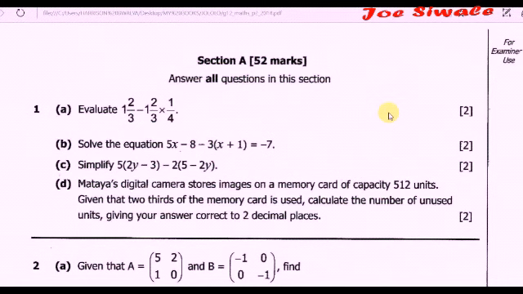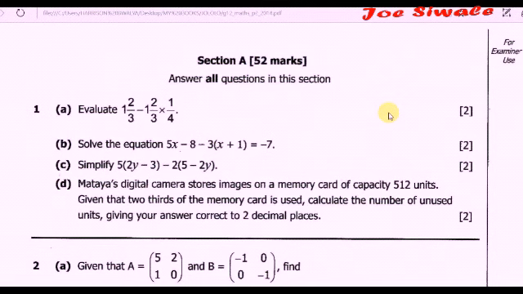So question 1a says evaluate 1 2 over 3 minus 1 2 over 3 multiplied by 1 over 4. Question B says solve this equation 5x minus 8 minus 3 open bracket x plus 1 close bracket is equal to negative 7. Question C says simplify 5 open bracket 2y minus 3 close bracket minus 2 open bracket 5 minus 2y close bracket.